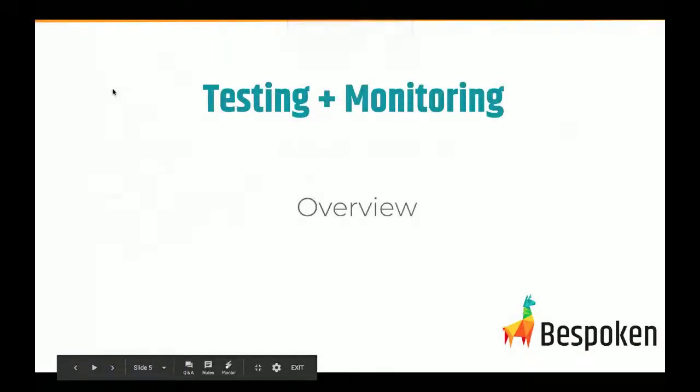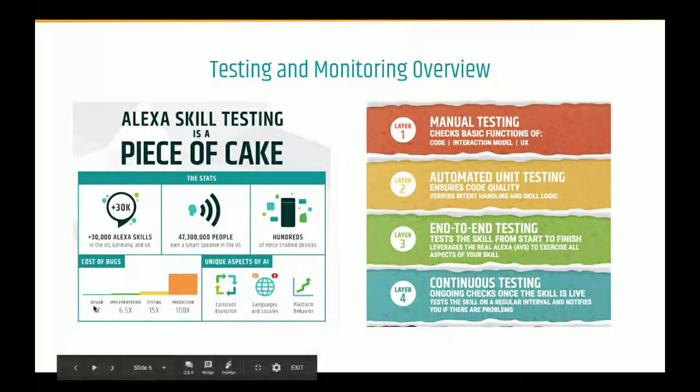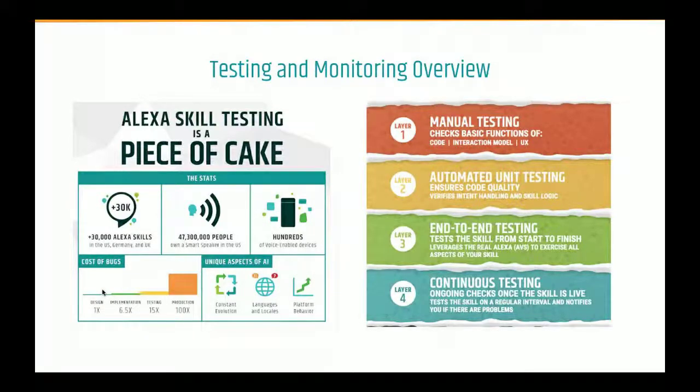So what is testing and monitoring for voice apps? This slide comes from an infographic that we did. Some general stats that I think are very interesting about Alexa skills and voice devices. And one thing that I would really highlight here is the cost of bugs. If you catch a bug in the design time, it's 1/100th of the cost of getting it during production.